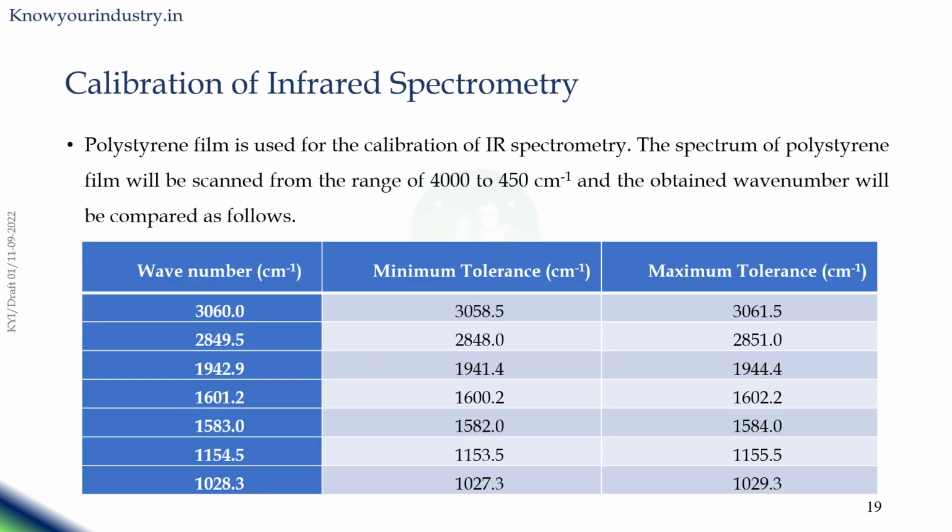Now it comes to the calibration of the infrared spectrophotometer. Generally, infrared spectrophotometers are calibrated for the wave number regions. A polystyrene film is used for the calibration. The spectrum of the polystyrene film is scanned in the range of 4000 to 450 cm⁻¹, and the obtained wave numbers are compared as follows.